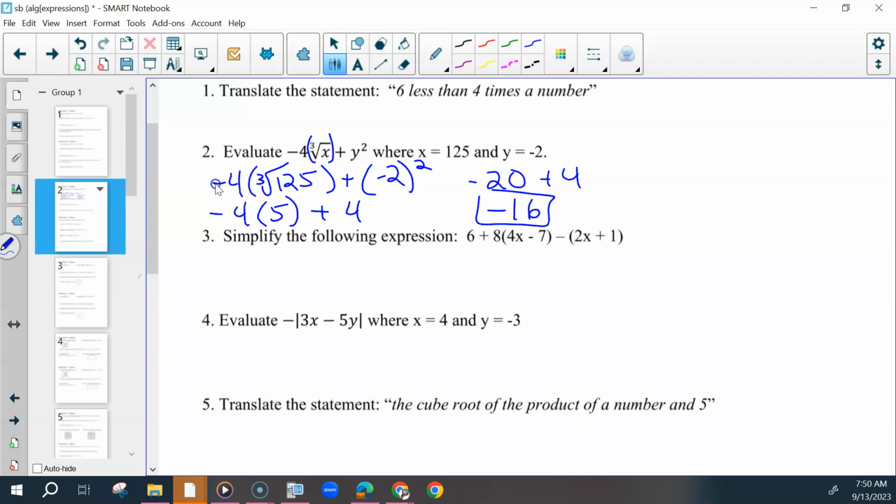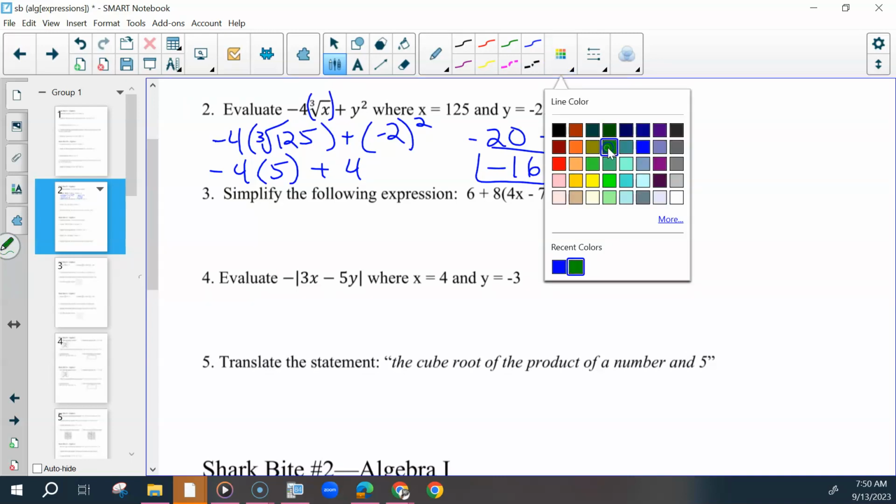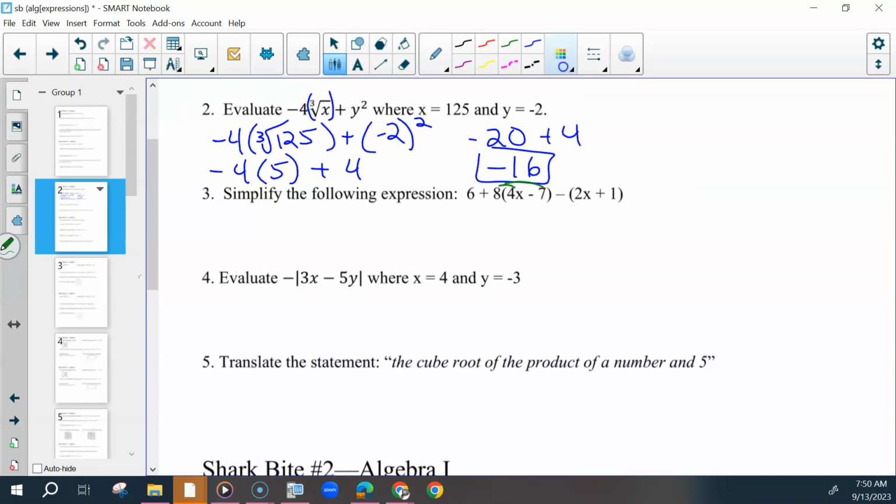Okay. Number 3, simplify, so you need to multiply. Multiply the 8 to everything here. Remember that this is a -1 that you should be multiplying. Bring everything down.